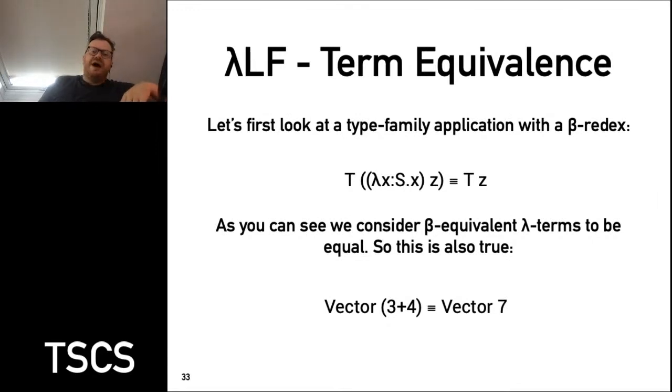So you have a type T with an input parameter of a lambda function, lambda x of type S dot x, so some identity function in a sense, applied to some Z, and that should be equal to T of Z.